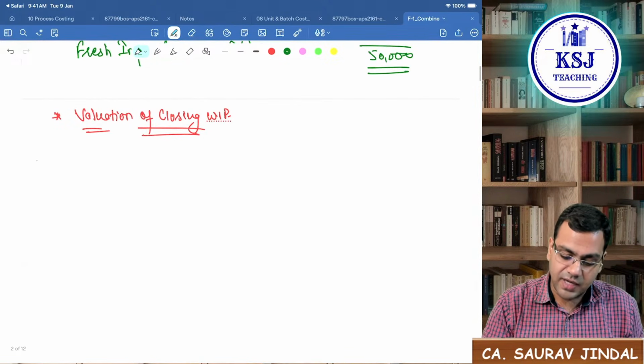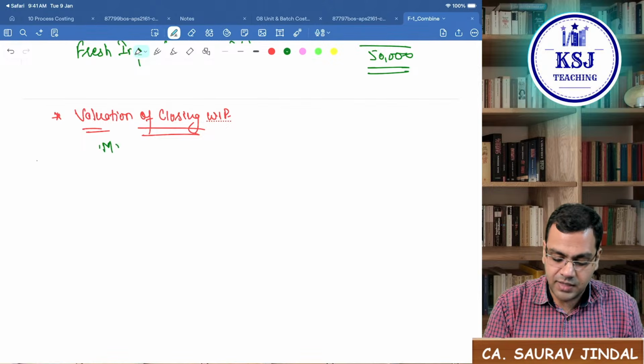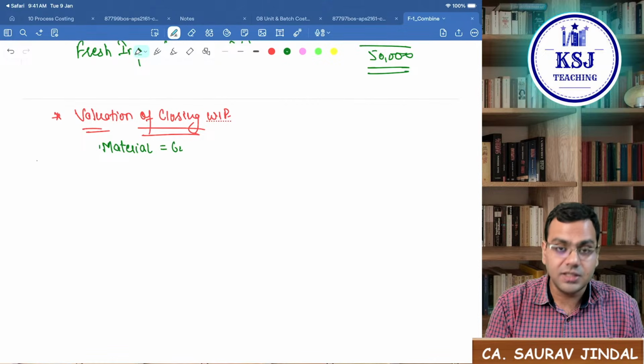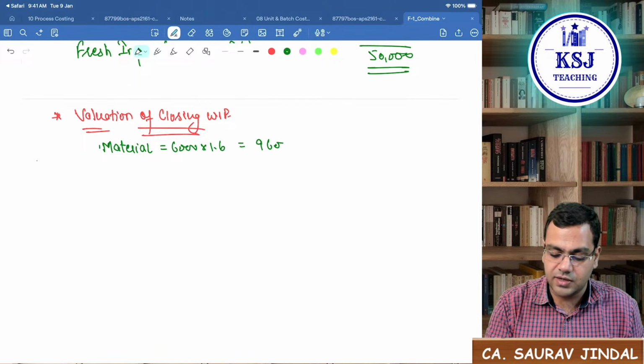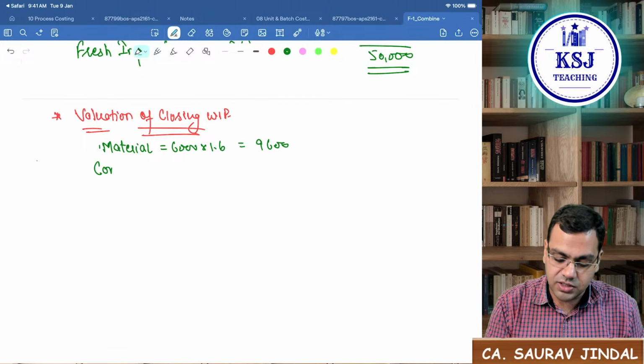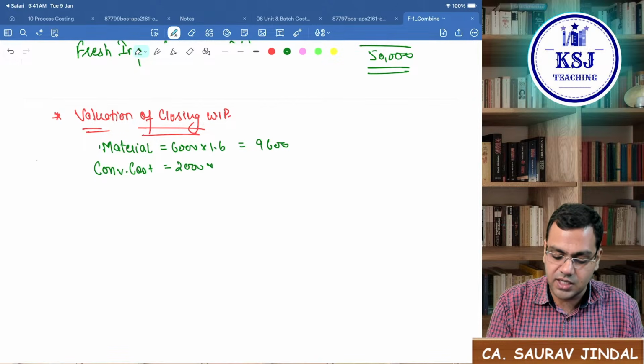That's it. So valuation of closing WIP will say material cost incurred on 6,000 units into 1.6, that is 9,600, and conversion cost is incurred on equivalent 2,000 units into 2 rupees, that is 4,000.